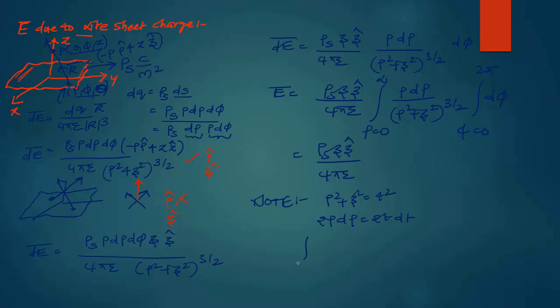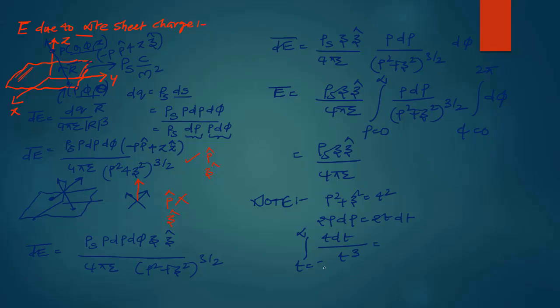If you take rho is equal to 0, t is equal to z. If you take rho is equal to infinity, t is equal to infinity. And the numerator is rho d rho, meaning t dt, divided by t square, but the power 3 by 2 is there, so you get t cube. It is overall 1 by t square.